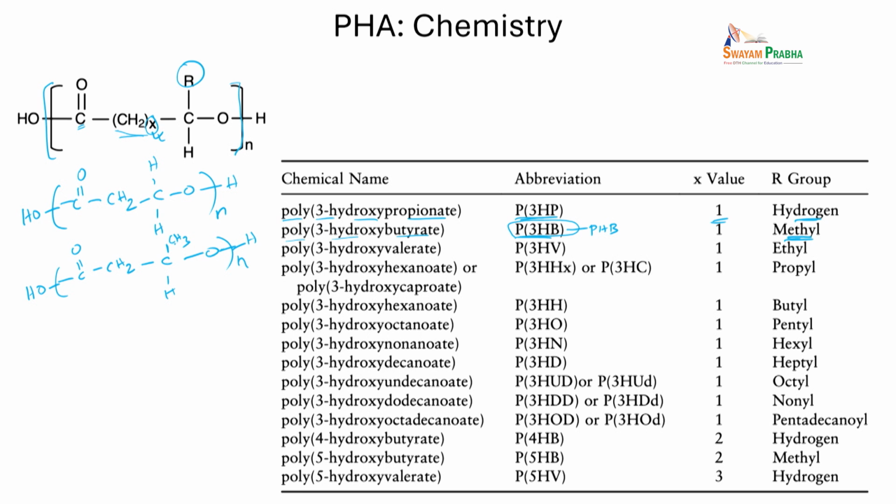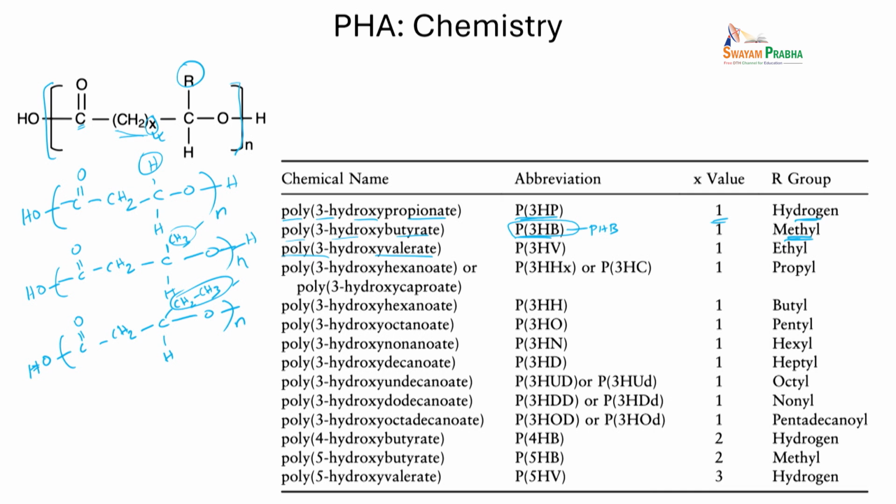Then suppose you make this length larger from methyl to ethyl, then you have polyhydroxyvalerate, which has a structure of COO, CH2, CH, and here you have CH2, CH3. This is the ethyl group. So depending upon whether you have hydrogen, a methyl group or an ethyl group, you have a different polymer.